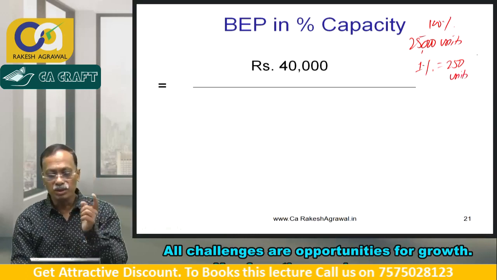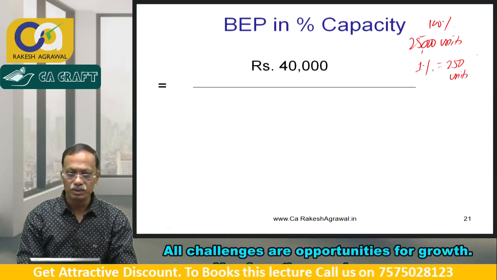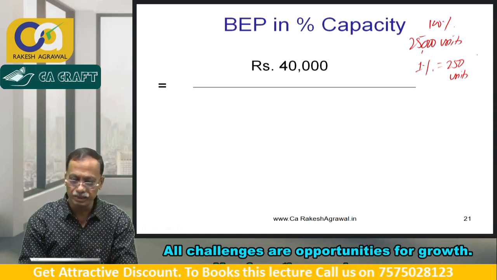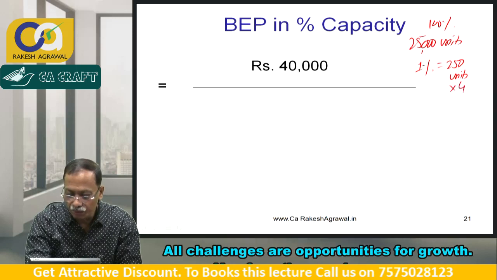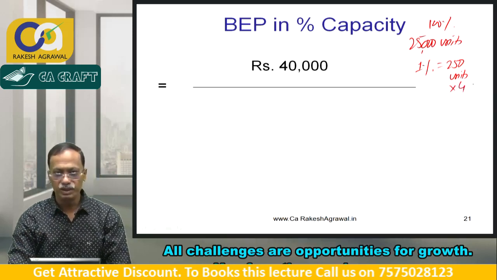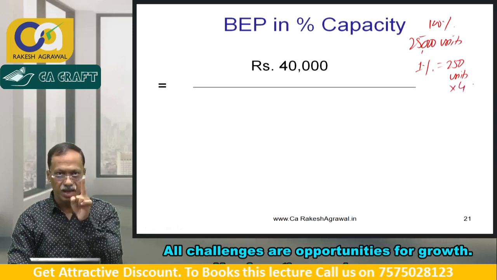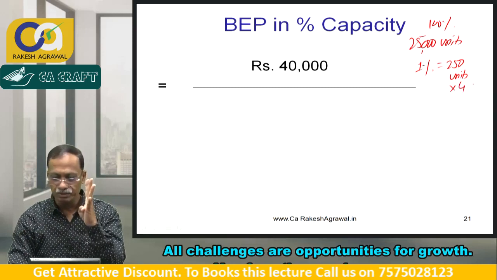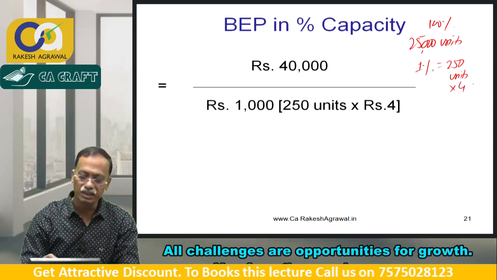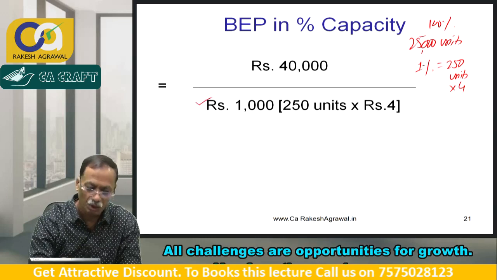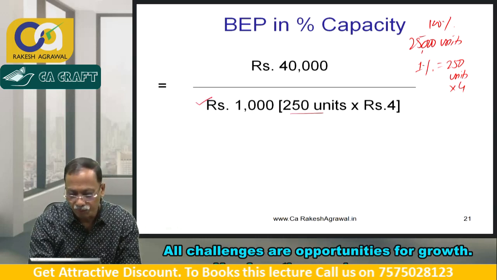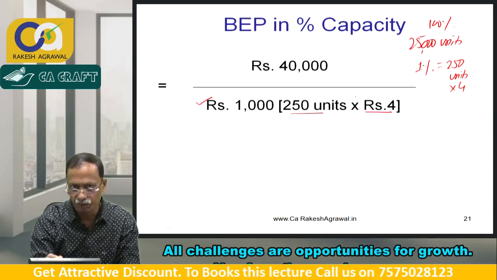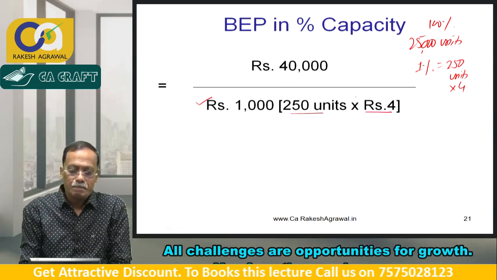Contribution earned by 250 units is the contribution earned at 1% capacity. Your contribution is rupees 4 per unit, so 250 into 4. Contribution at 1% capacity will be 1000 rupees. So the denominator is 1000, calculated as 250 units into 4.